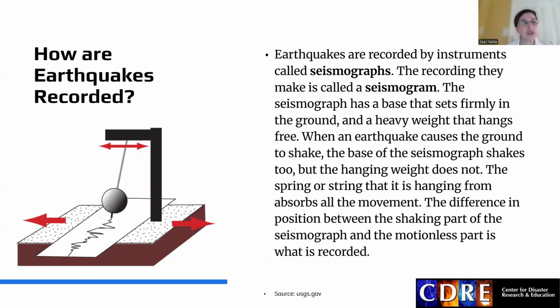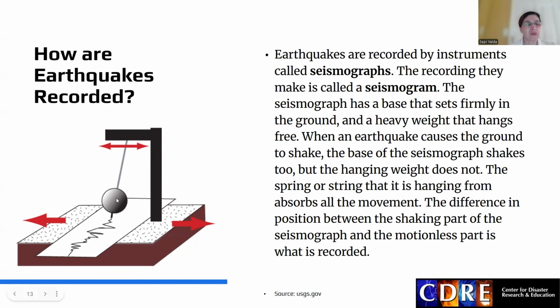Earthquakes are usually recorded using a seismograph, and this is just a schematic of a seismograph, so you can see how they're recorded. It is the difference between the shaking part of the seismograph and the motionless part of what is recorded.